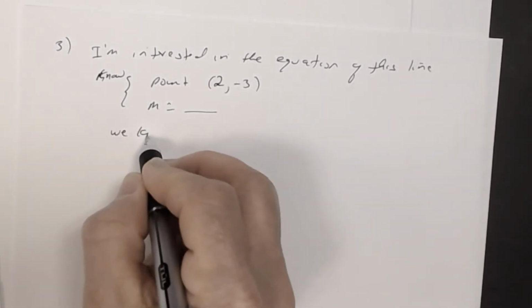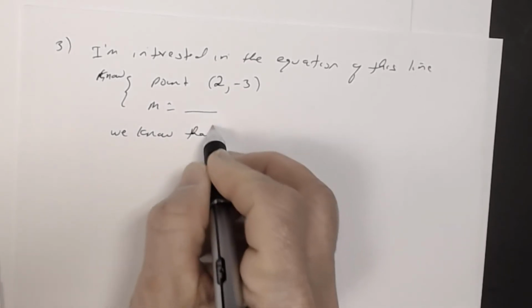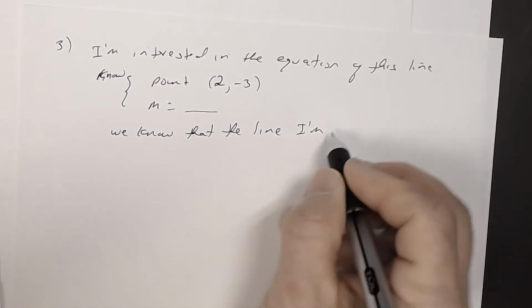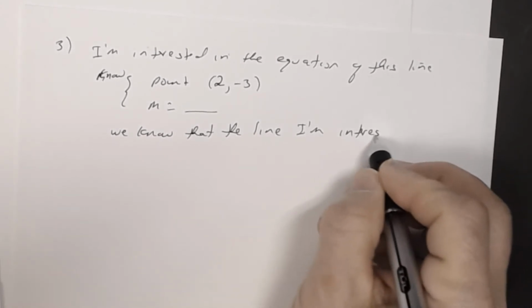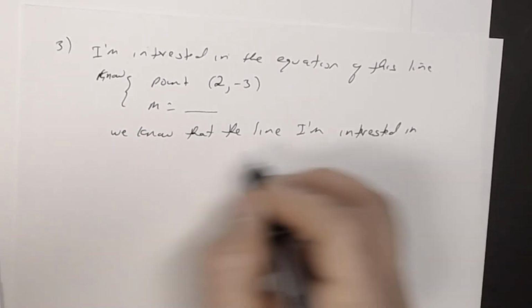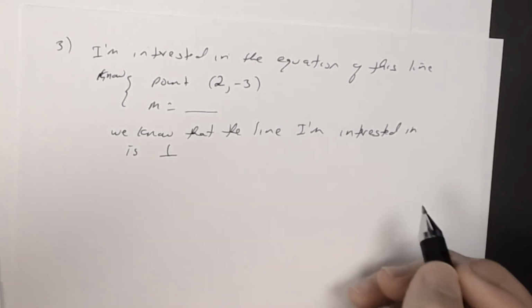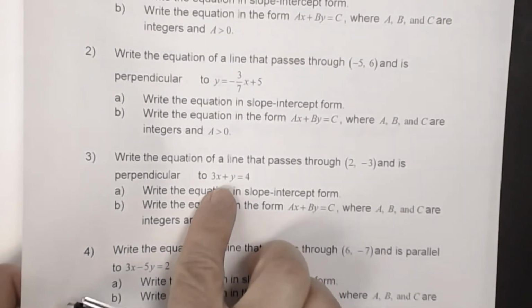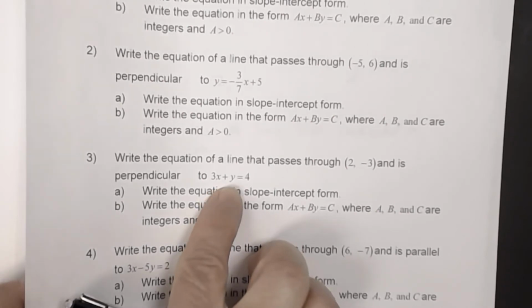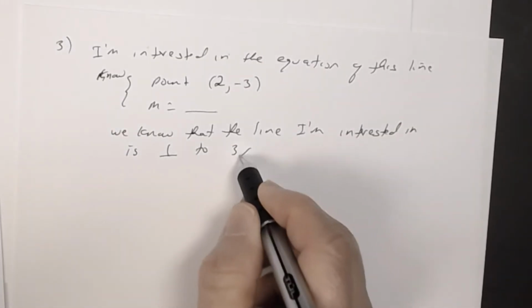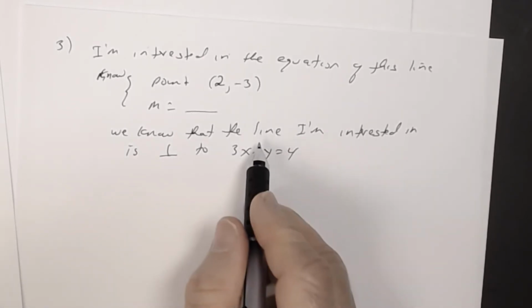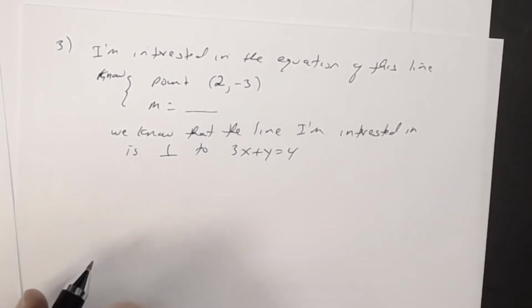We know that the line I'm interested in is perpendicular to this line here, 3x plus y equals 4. So if I can find the slope of this line, then I know the slope of that line.